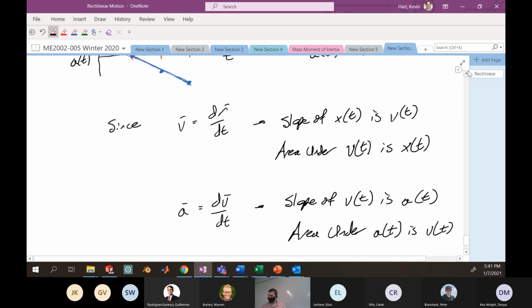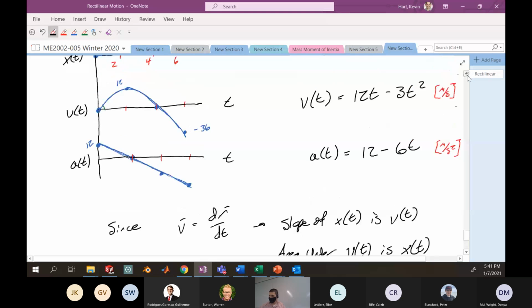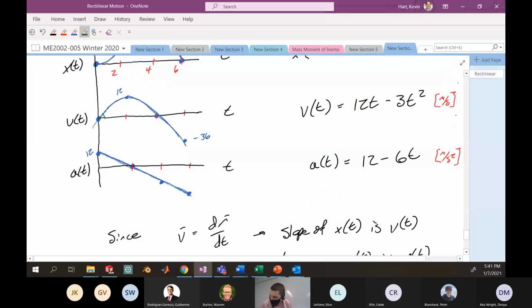The slope of the velocity is the acceleration. Slope is generally positive, but decreasing as we go until it flattens out at 2 seconds. We see that reflected in the acceleration, generally positive until we reach a value of 0 at 2 seconds.